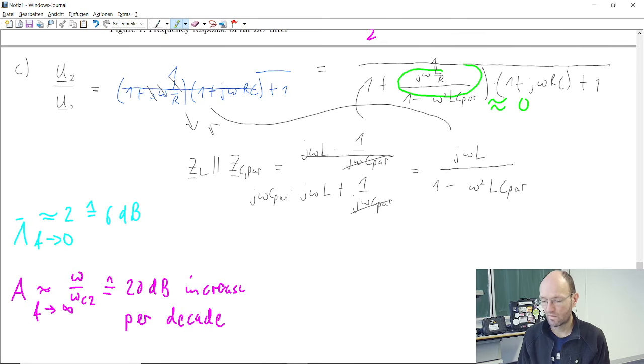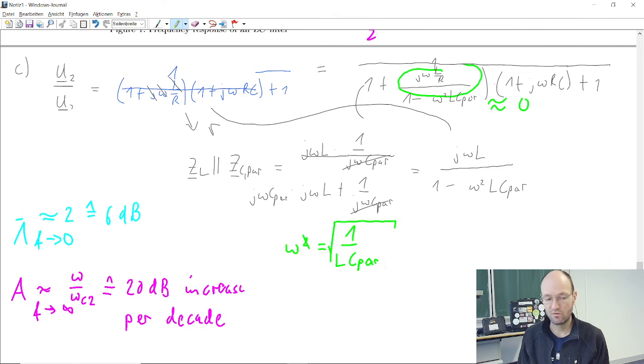And so this would mean that omega square is the same as 1 over LC parallel. And omega would be the square root of this.